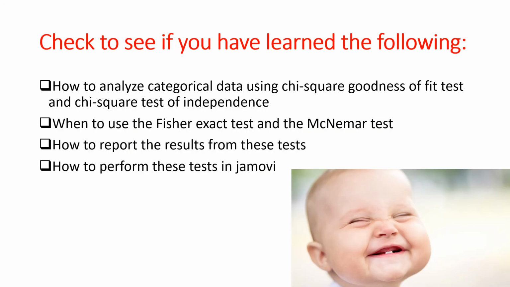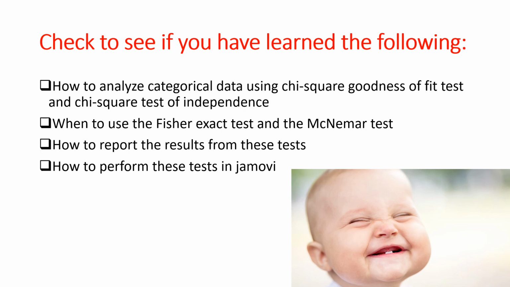We come to the end of this session, but before we end this session, these are my expectations. I expect you to be able to analyze categorical data using the two types of chi-square test I talked about. You need to be able to decide when to use each of them.